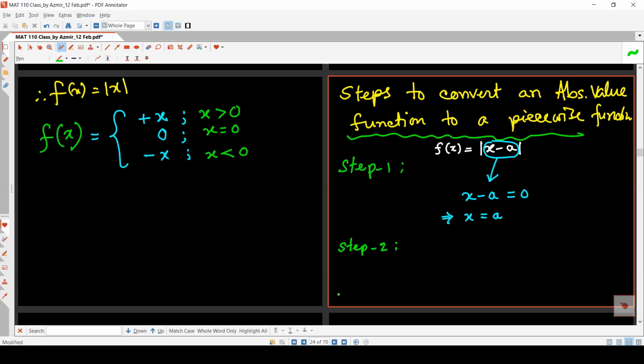Step 2. This function f of x equals modulus of x minus a.